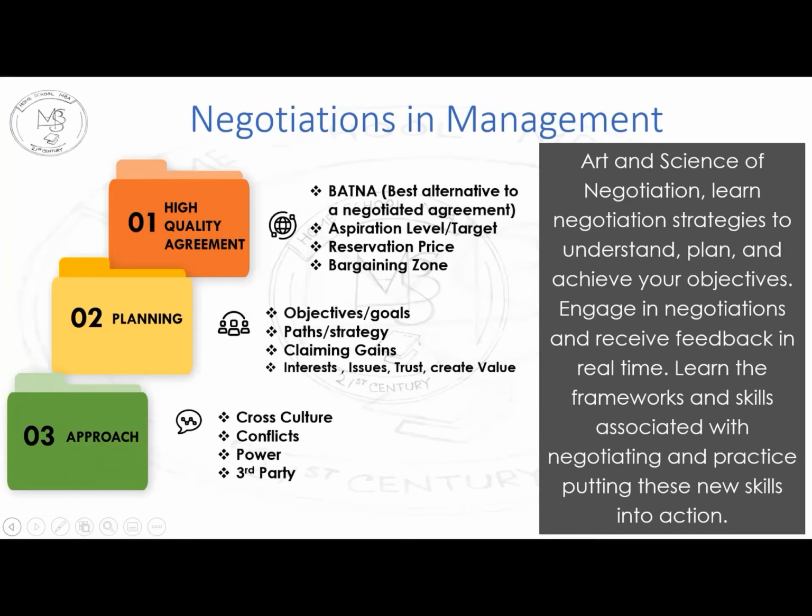But to do that, as I said before, you need to define your objectives, goals, and strategy, how you want to go about it, and you want to understand the issue, and you want to create trust in your negotiations with the other party, and also make sure that the cross culture conflicts do not come into your negotiations. And as I said earlier, empower the people who are negotiating from your side.